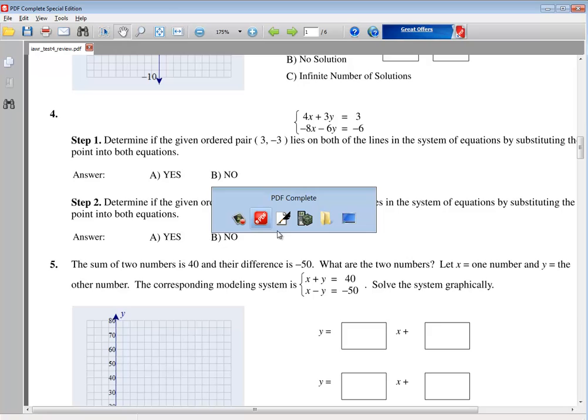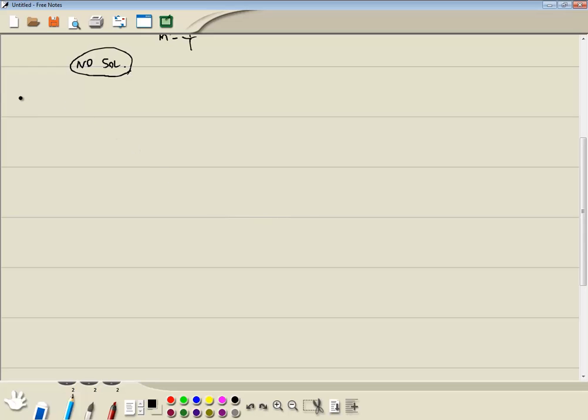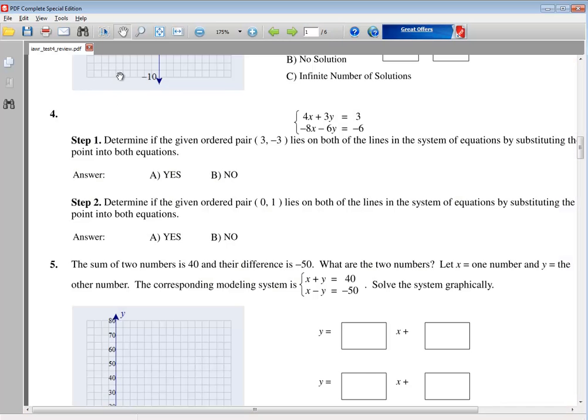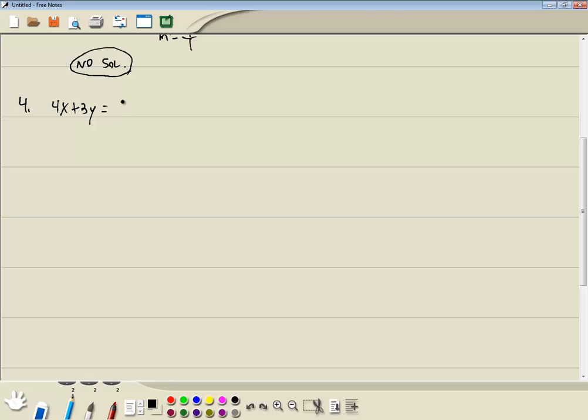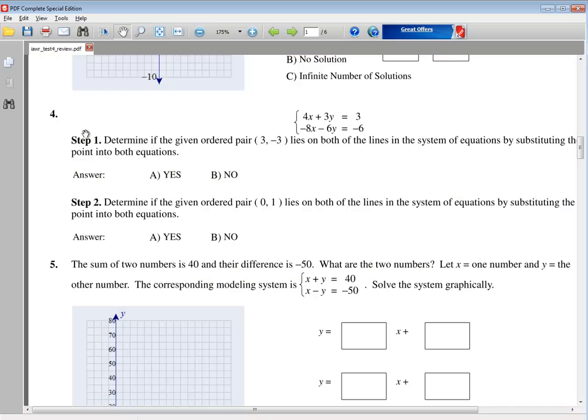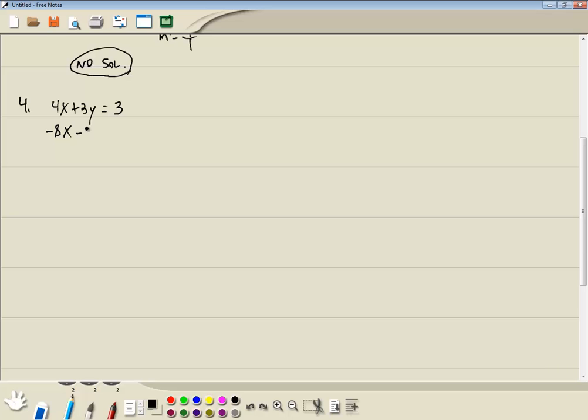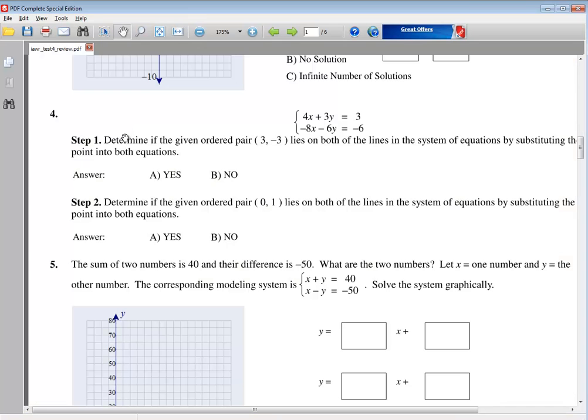Okay, 4x plus 3y equals 3, and negative 8x minus 6y is equal to negative 6.